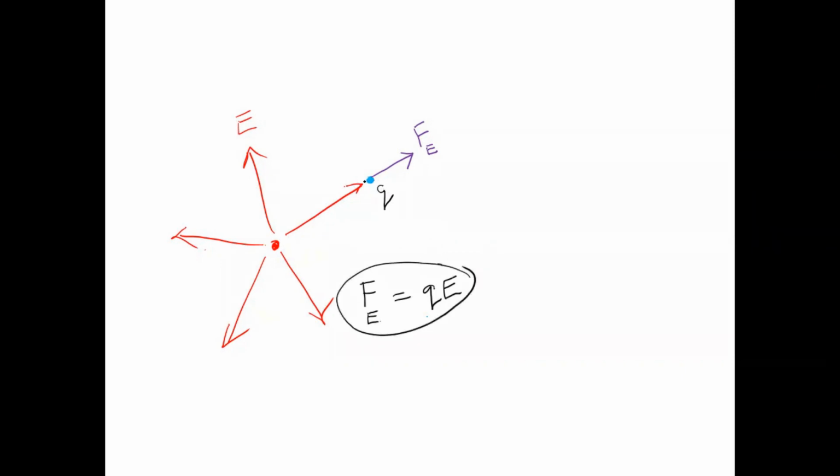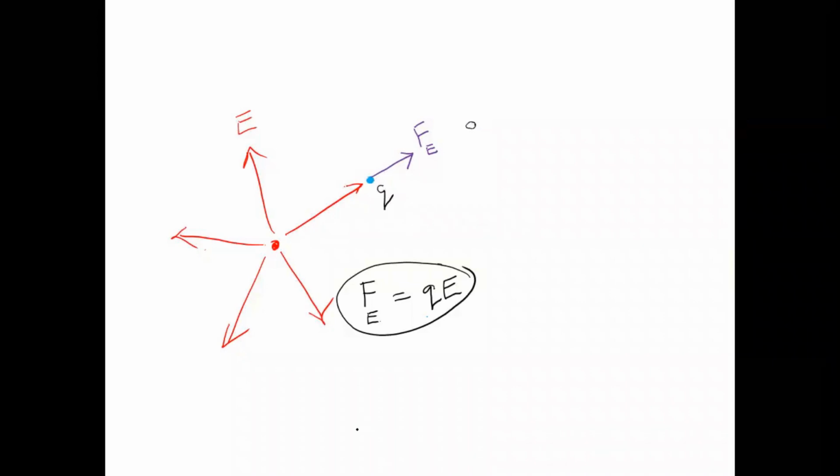Now, when this force acts on this charge and moves it, let us say, up to this point, it means that the electric field has done work on this charge by moving it from here to here. And what is that work that has been done?